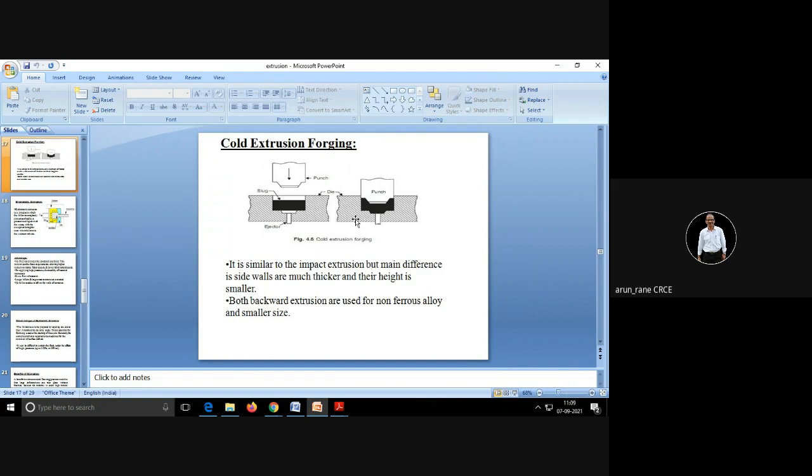And if it is not accepted aesthetically, then you cannot go for such an ejection system. That time you have to use a stripper.